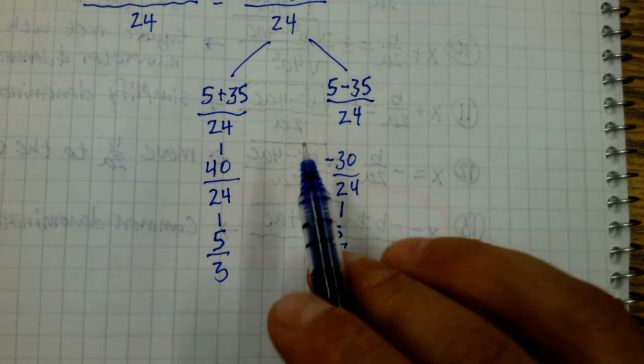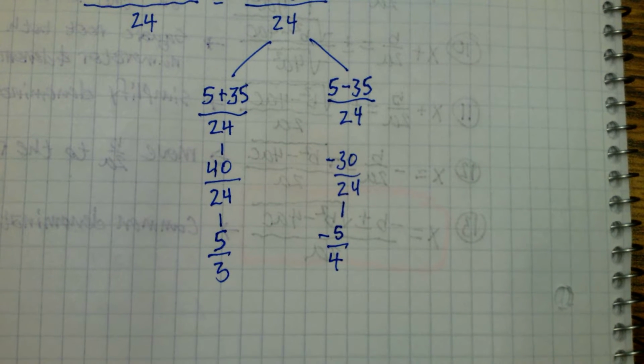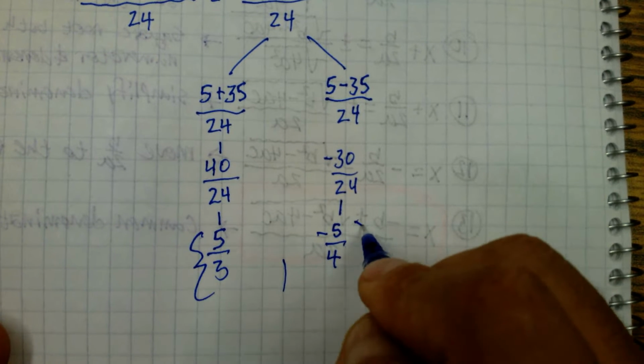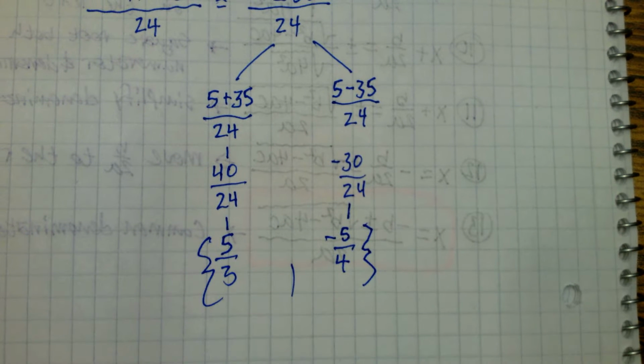So there's your two answers, 5 thirds and negative 5 fourths. But this will get you the answer to any of them with no factoring, no completing the square. You just plug in numbers and you have to just be careful as you go through the formula. All right.